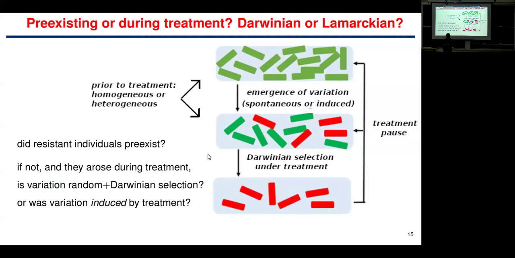The other one is Lamarckian, quote unquote, meaning that we not only do Darwinian selection, but we also generate variation. That's conceptually different from saying I'm doing Darwinian selection only. I'm generating variation, and I'll explain a little more what I mean by that, and then we do Darwinian selection.